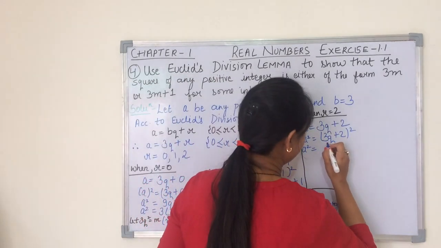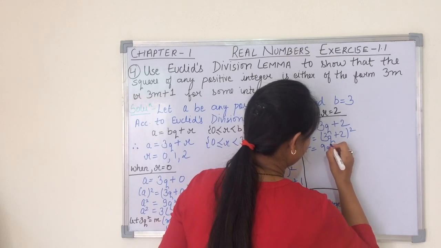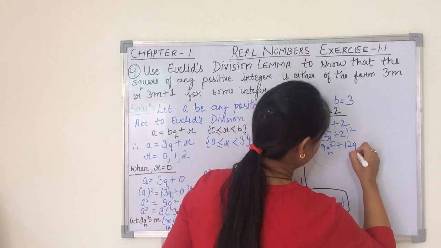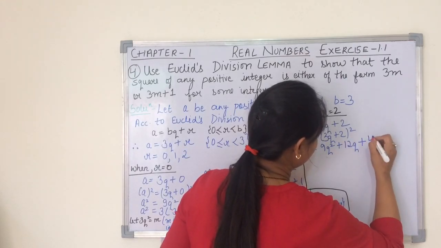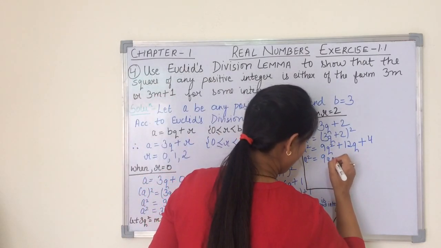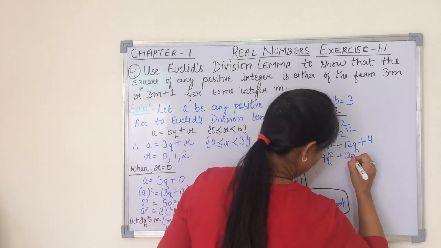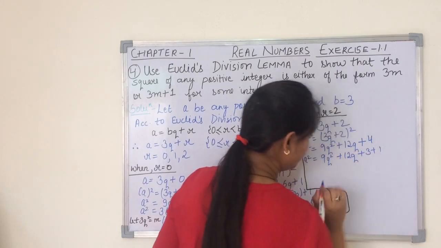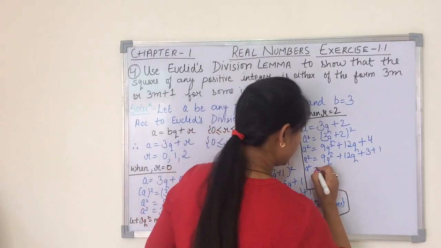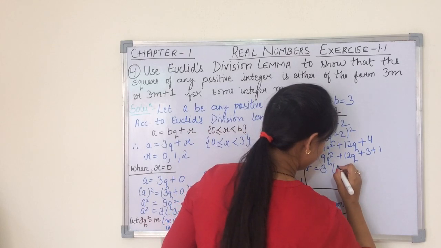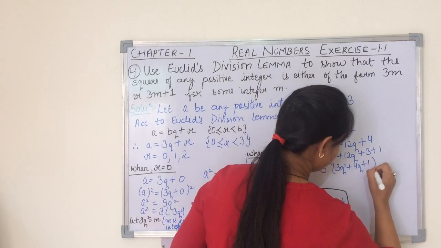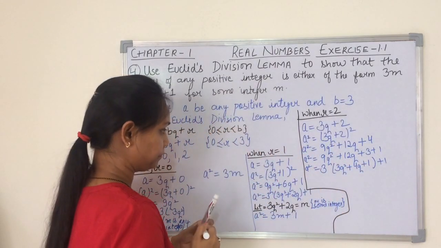It will become a square, that is 9q square, plus 2ab: 3 twos are 6, 6 twos are 12, so 12q, plus the square of 2, which is 4. Let's expand the value of 4 given at the end as 3 plus 1, and from this whole equation, leaving 1, we will take 3 as common, so we will be left with 3q square plus 4q plus 1 inside the bracket and 1 outside.